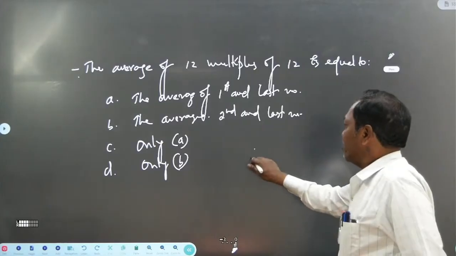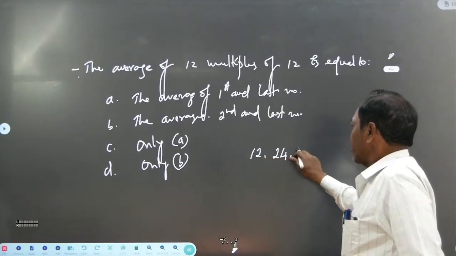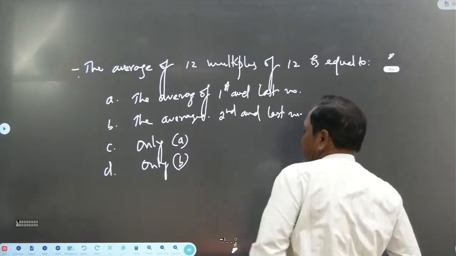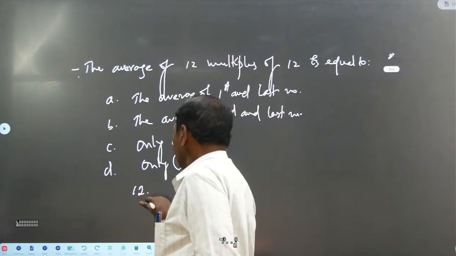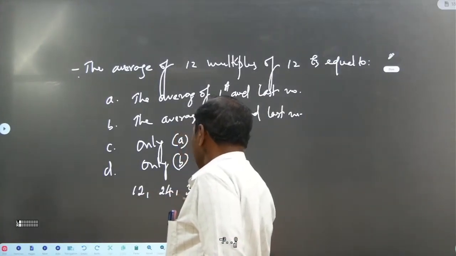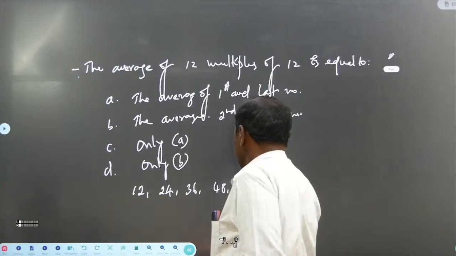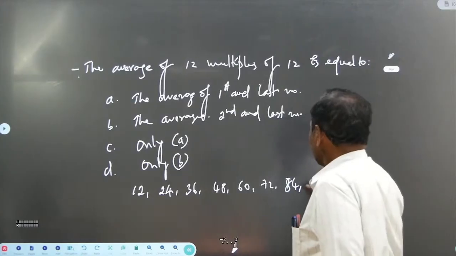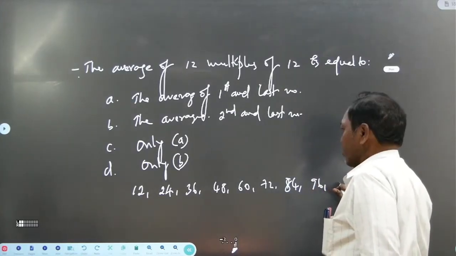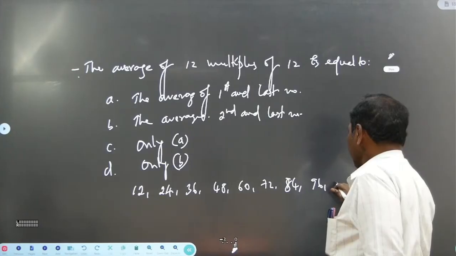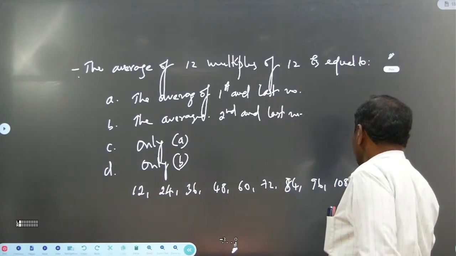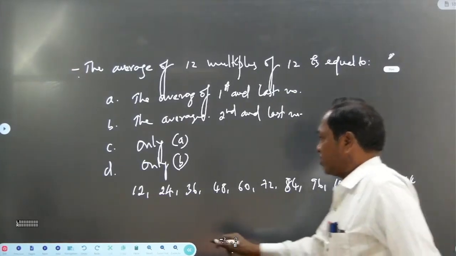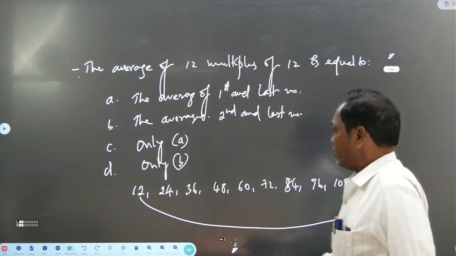Like that. Say for example 12, 24, 36, 48, 60, 72, 84, 96, 108, 120, 132, 144, 156.